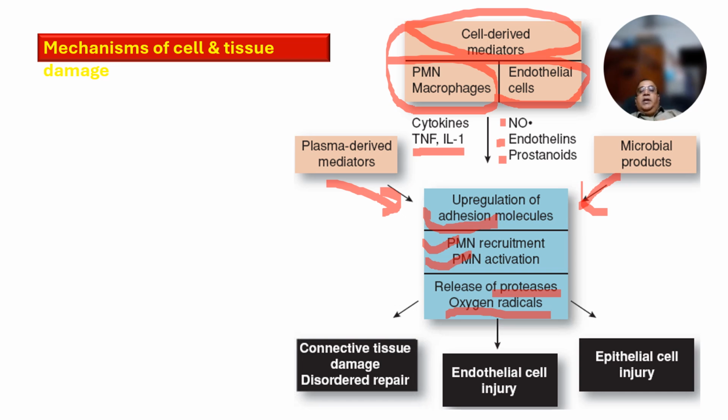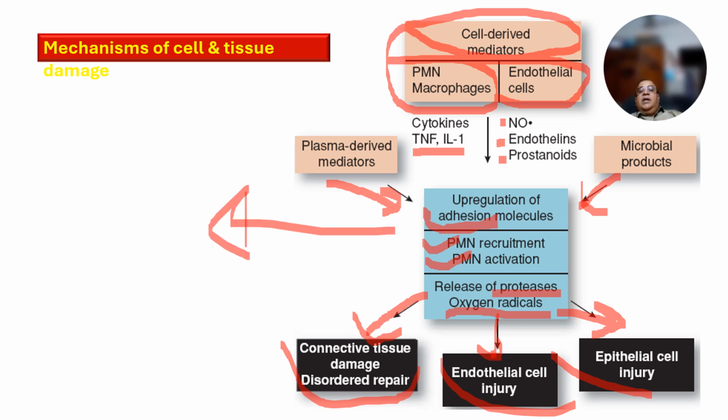So cumulatively, all these effects lead to connective tissue damage and disordered repair, endothelial cell injury, and epithelial cell injury. The whole environment is now facing injurious changes because the degradative material produced during inflammation does not discriminate between the host cell and the invading cell.